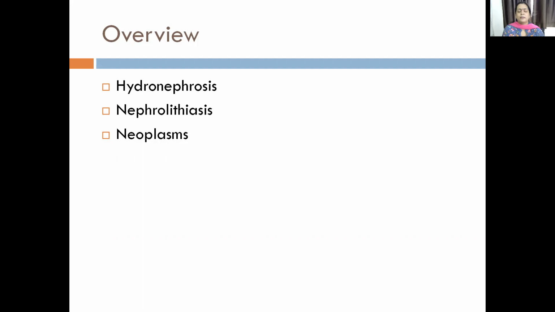And we have seen two important things, that is the adult type of polycystic kidney disease associated with the PKD1 gene and PKD2 gene, and the age of presentation, adults, and lobulated appearance of the kidney with the cortex and medullary involvement, right? So this is about the adult polycystic kidney, and the infantile polycystic kidney disease having the abnormality of the genes again, and the age of presentation is less.